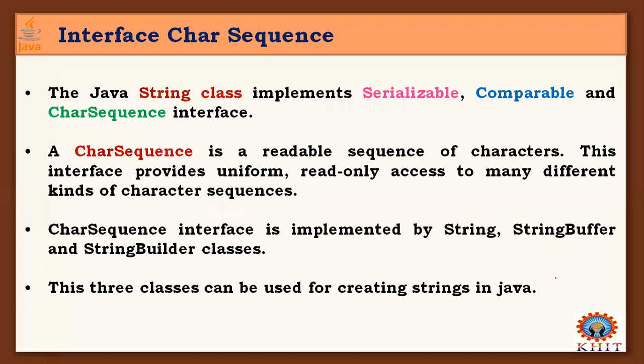That is the first one, interface CharSequence. Anyway, in Java, String is considered a class, not a primitive type, that implements three types of interfaces called Serializable, Comparable, and CharSequence. Currently, we are talking about this CharSequence, and we will talk about these two later.